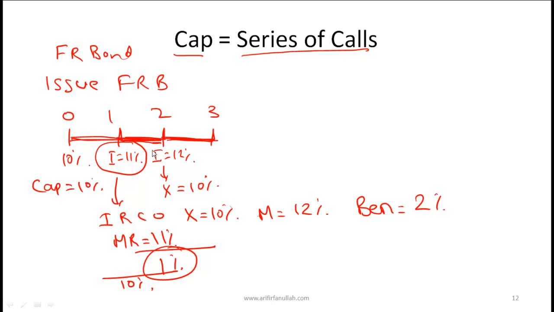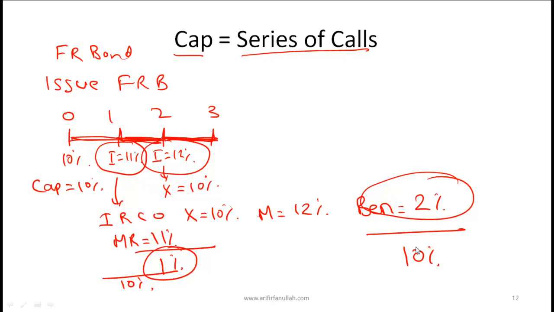The rate that you have to pay on your floater for period 3 is 12%. The benefit is 2%. So again, the net payment that you make is 10%. Now effectively what has happened is, by issuing a floating rate bond and by purchasing the series of call options, you have essentially given yourself a cap at 10%.